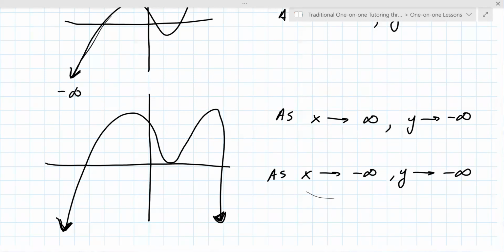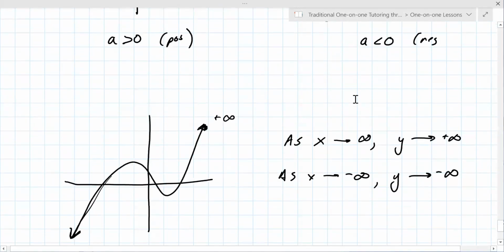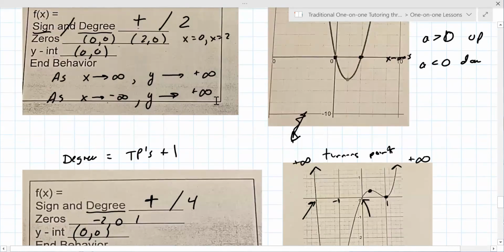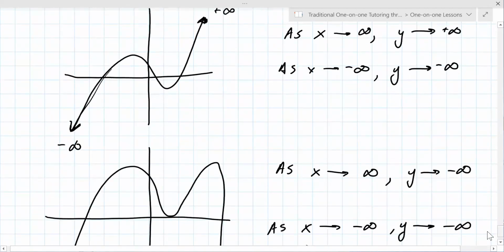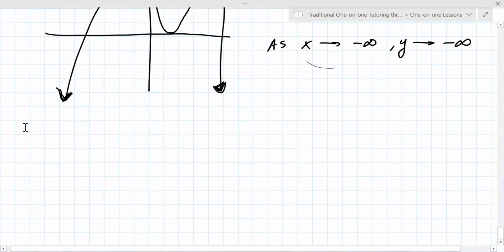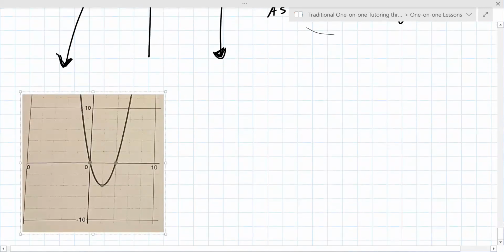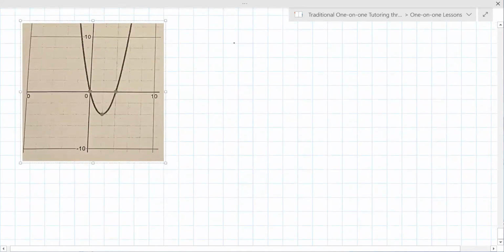Okay. Now we did skip some stuff here that's kind of important. So let's go back a little bit and try to write the f of x for this first one so you understand how to do it. The best way to do these is always in factored form.